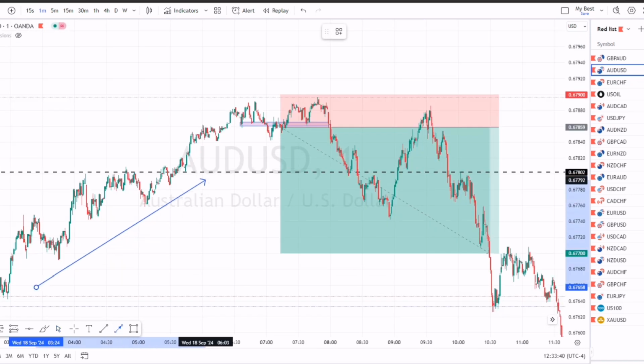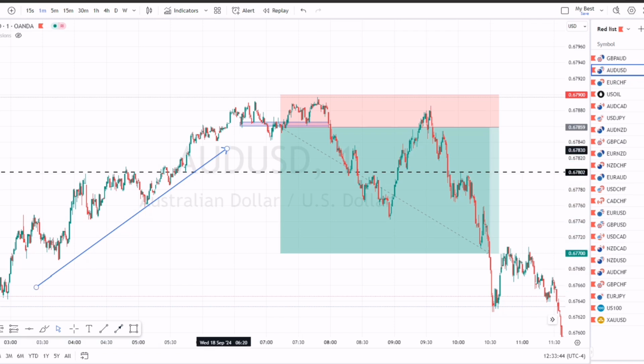Okay, this was the uptrend I was observing, and then on the uptrend, remember I had to identify the highest point. So now when that was the highest point, I marked the area where that highest point started from. In fact, it seems as if I was looking at this as the highest point.